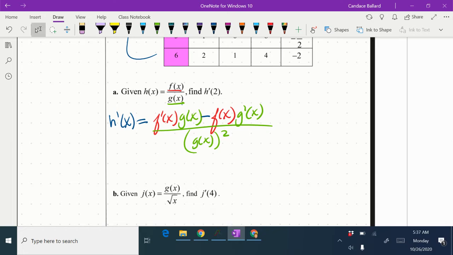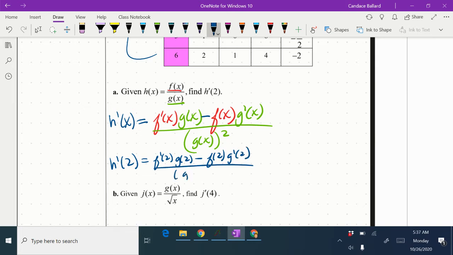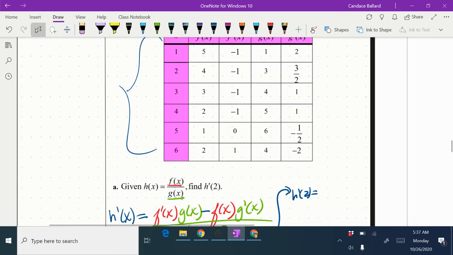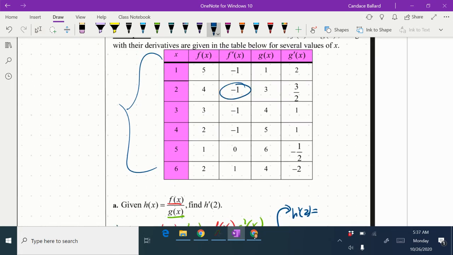All right, so now let's plug the values in from the table. So we're supposed to be finding h prime of 2. So I've got f prime of 2, g of 2, minus f of 2, g prime of 2, all over g of 2 squared. So h prime of 2 equals, let's read those values out of the table. So f prime of 2 is going to be -1.